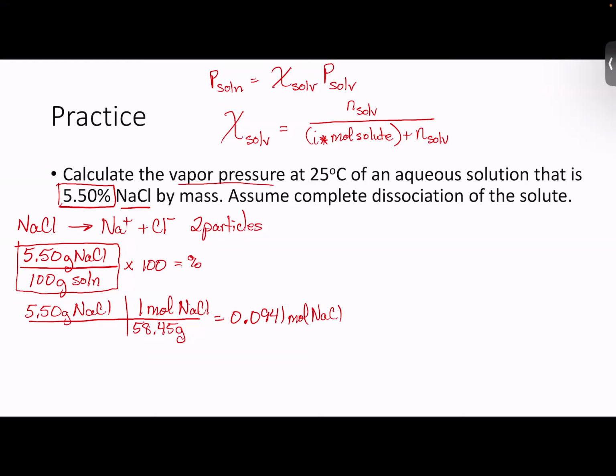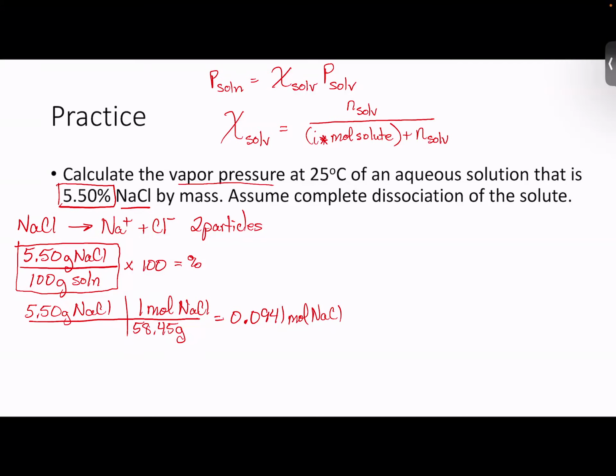Now, the reason I wanted to bring this one back in is because I want to remind you that if you look at the mole fraction up there, it's the moles of solvent, not the moles of solution. In fact, you cannot get from grams of solution to moles of solution directly because a solution contains more than one substance.